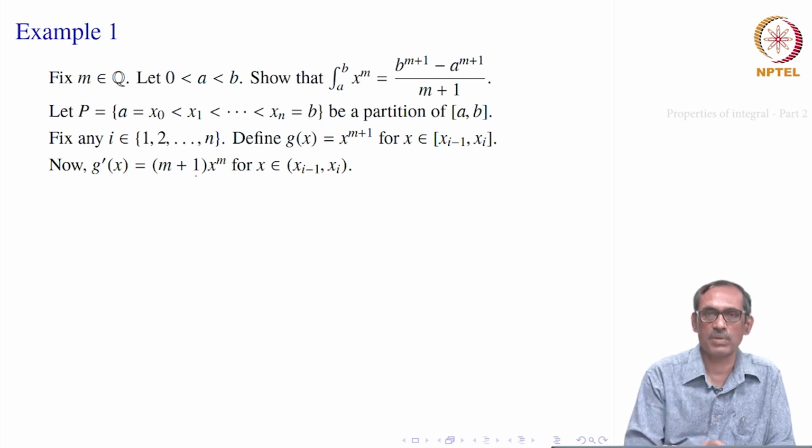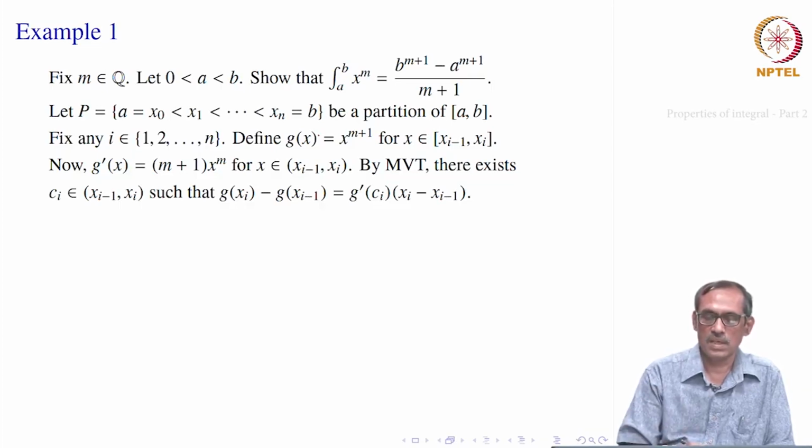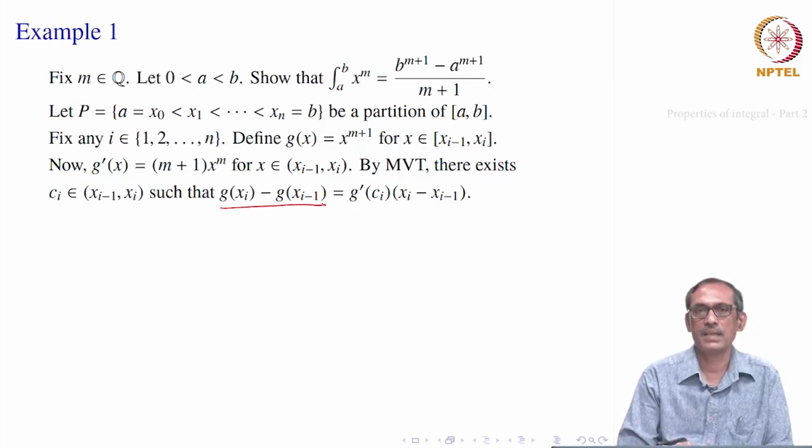So, we apply the mean value theorem on g to see that g of x i minus g of x i minus 1 equals g prime at some point between x i minus 1 and x i, call that c i, times x i minus x i minus 1. So there is a point c i in every sub interval such that this happens.